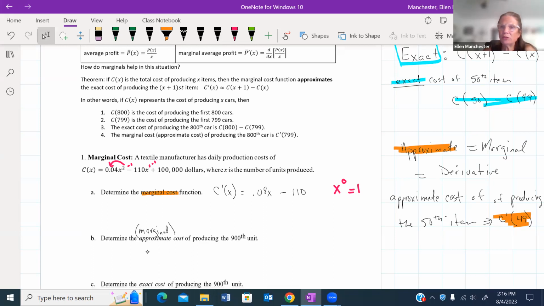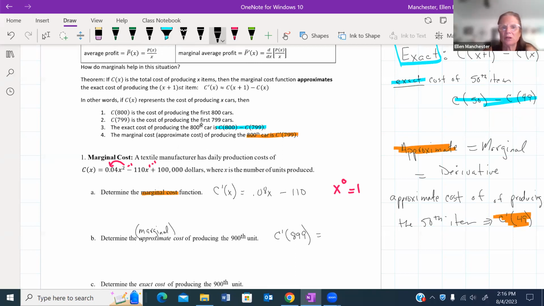Of the 900th unit, so we're going to take the derivative of 899. It's always 1 less. Let me highlight this too, so that you have it. And then for this one, it's this. So 899.